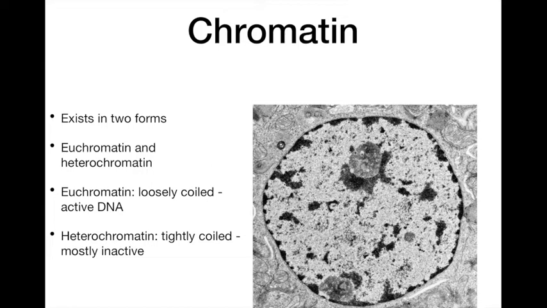This is why heterochromatin is inactive, while euchromatin, which is loosely coiled, is active. And the tighter something is, the more dense it is. Therefore, in the electron microscope, we can see this is heterochromatin and this is euchromatin. The white is euchromatin and the black is heterochromatin.